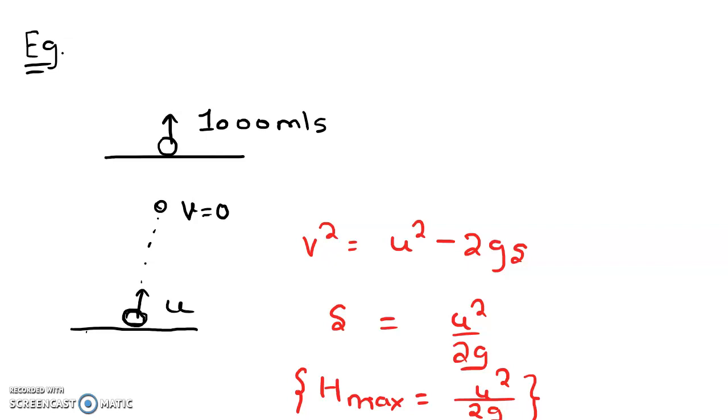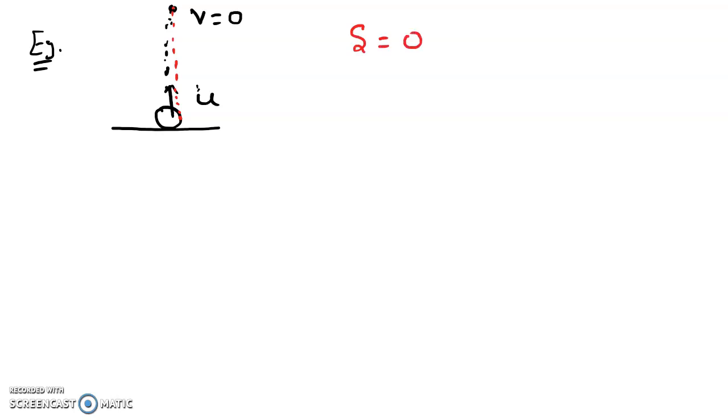And if I need to find the time of flight, in the same case, somebody asked me what is the time of flight if I throw it with a velocity of u, and the whole flight is like it goes up and it comes back. So what is the velocity at the topmost point? 0. So if I need to find the time of flight, the total flight, it comes again downwards. So what is the displacement in the total flight? 0. So I'm going to use this, displacement is 0.